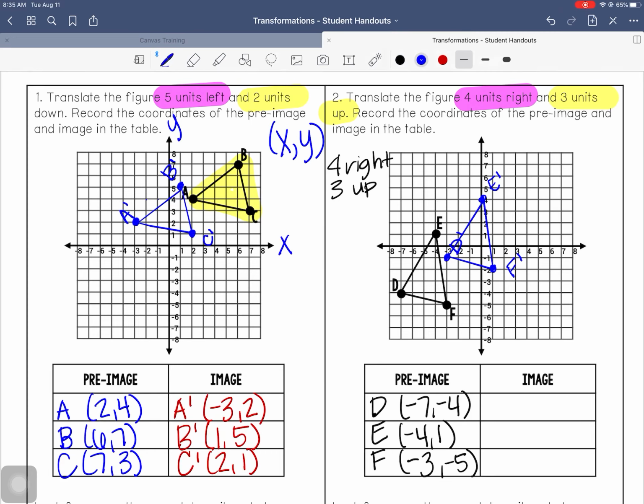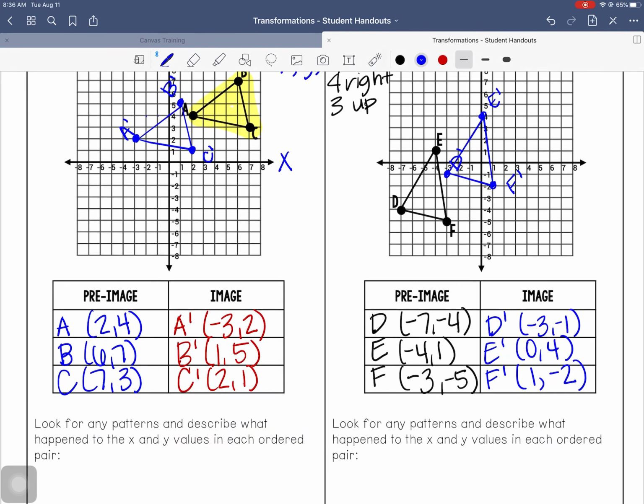Now for our new image, we've got D prime, E prime, F prime. D prime is at -3, -1. E prime is at 0, 4. And F prime is at 1, -2. How's that look? That looks wonderful.